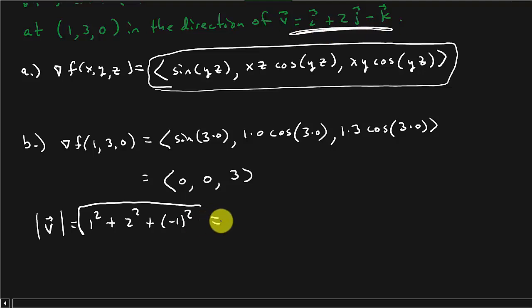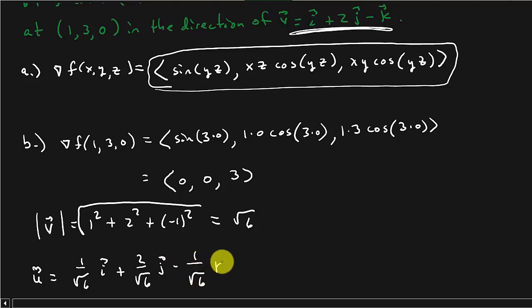The magnitude. So that is going to be the square root of 6. And so we have our unit vector is equal to what? Well, that's going to be 1 over square root of 6 times vector i, plus 2 over square root of 6 times vector j, minus 1 over square root of 6 times vector k. So there's our unit vector.